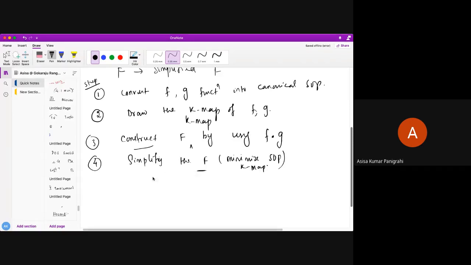Am I correct, students? This will give me the K-map of the function F. After you solve the K-map of this capital F, you will get the simplified version of the capital F. Next, after simplification, realize it. So these are the steps you need to follow.